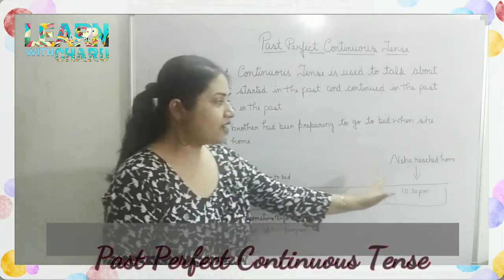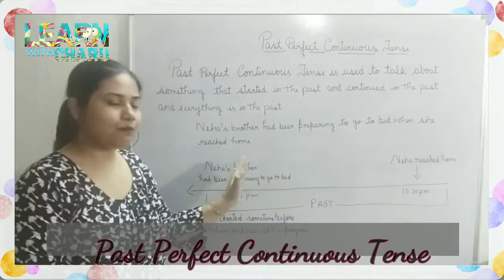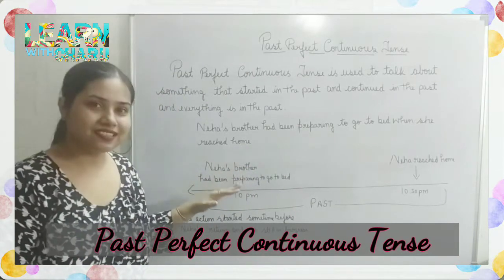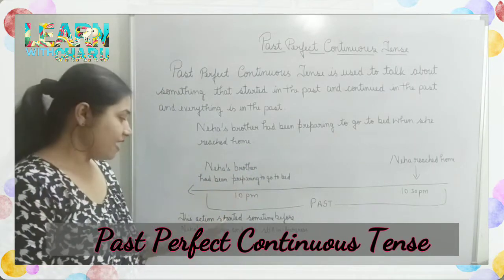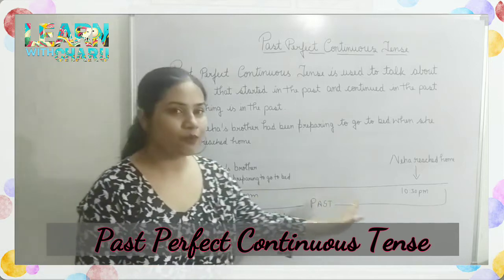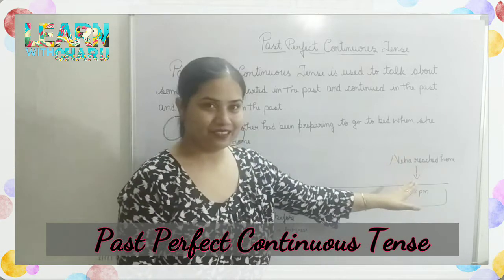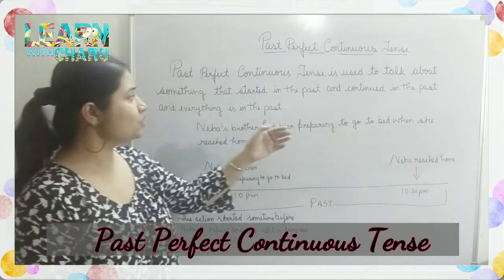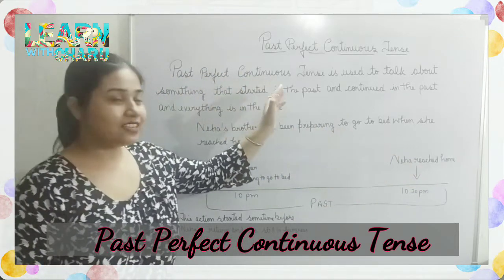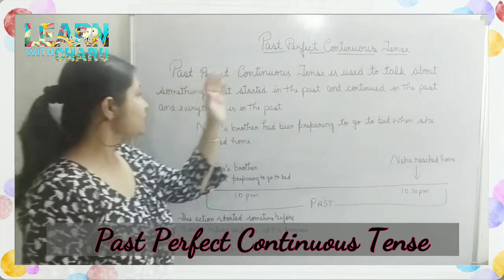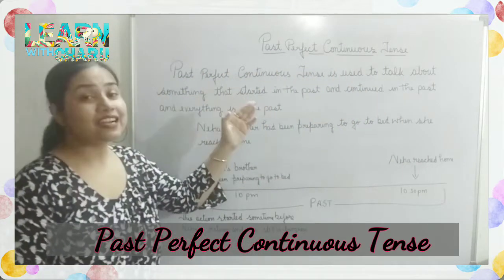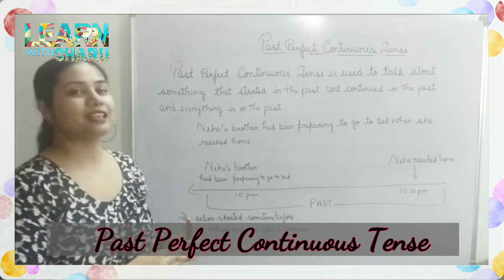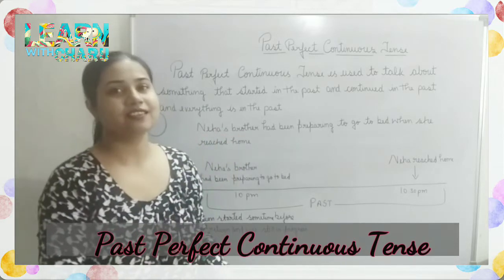ओके, नेहा के रिटर्न से कुछ टाइम पहले, बिफोर हाफ एन आवर, दिस एक्शन वॉज स्टार्टेड, एक्शन शुरू हुआ था, एंड वॉज स्टिल इन प्रोग्रेस जब वो आई. So, what I told you in the definition, that the past perfect continuous tense is used to talk about something that started in the past and continued in the past, and everything is in the past.